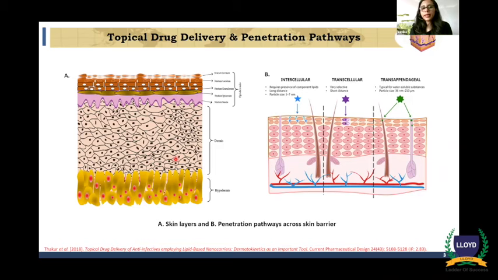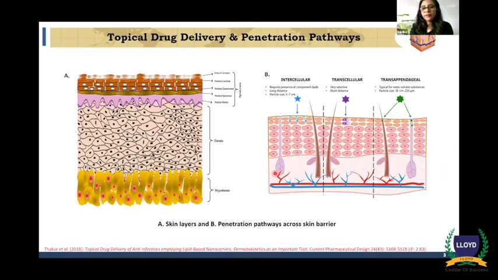Because of this complex physiology of skin, there are multiple routes by which drugs can penetrate across the skin barrier. Most drugs take an intercellular route through the skin barrier. In this case, the molecules usually have to be less than 0.6 kilodalton in order to penetrate through the skin.